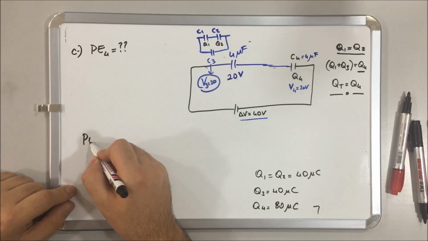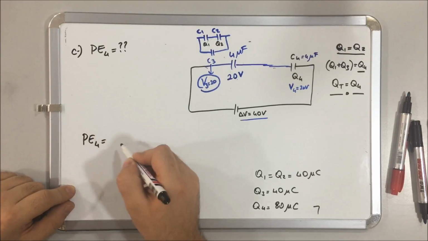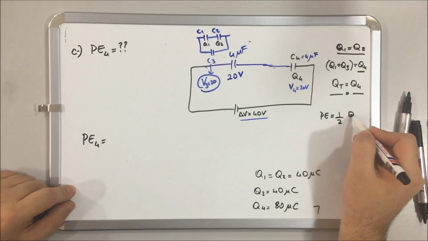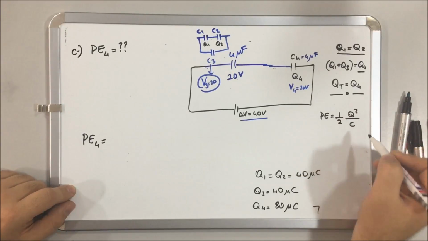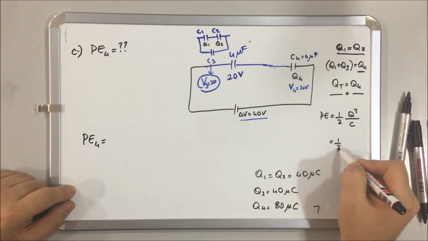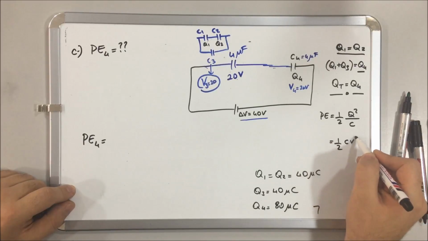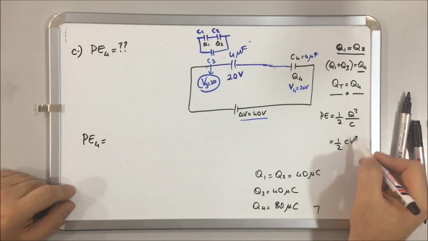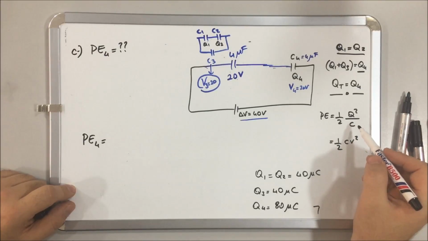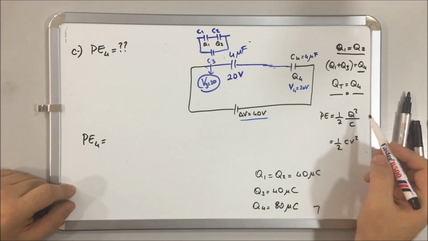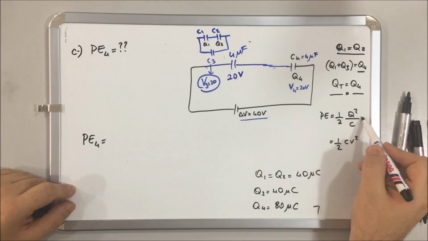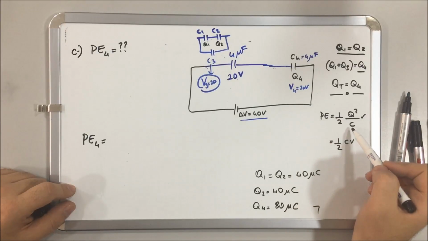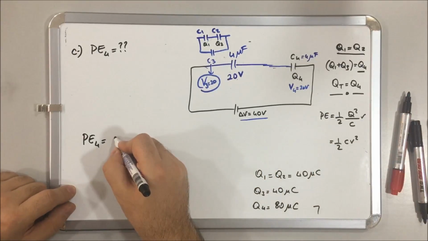The formula of stored energy is equals half Q squared over C, or half C V squared. Also it has another formula, but which formula do you prefer? You can check the givens. And I prefer this one. Why? I know Q4, I know C4, so I'm going to use it.